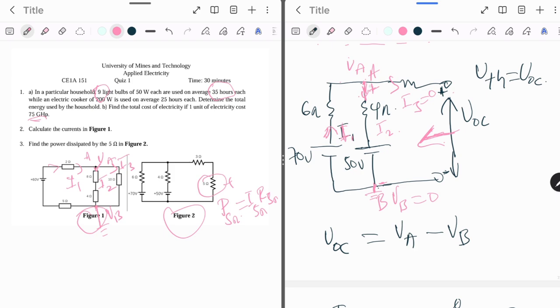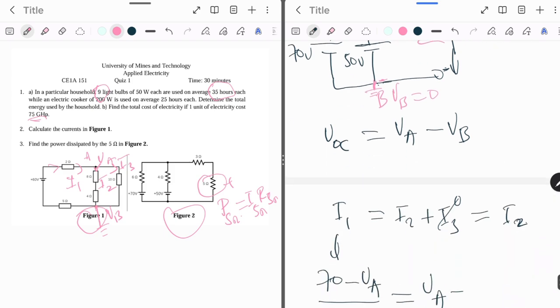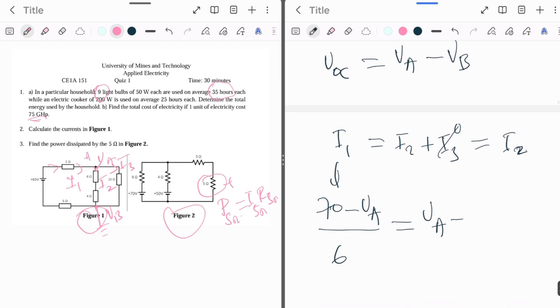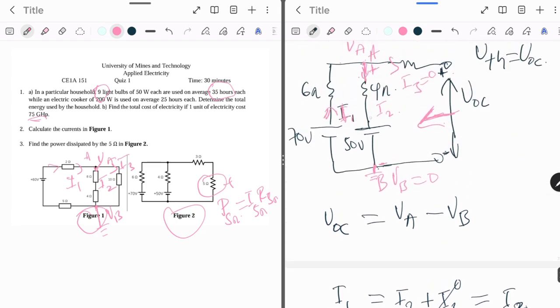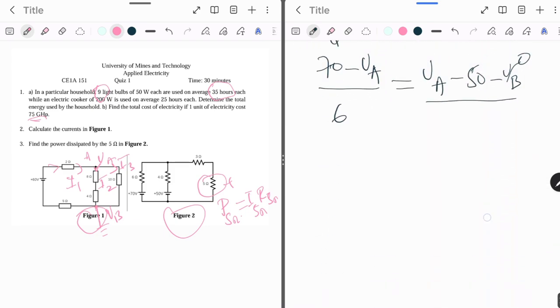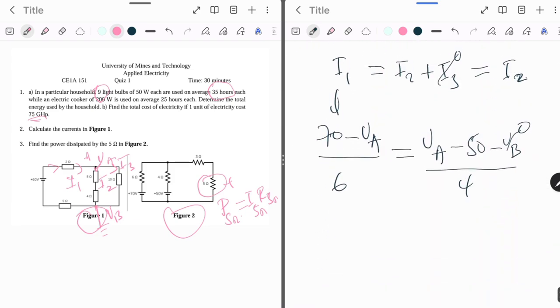So I can write VA minus 50, and VB is going to be 0. Then over the resistor in that branch, we have only 4 ohms.